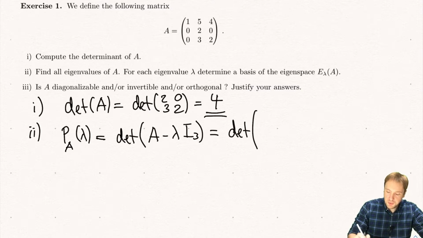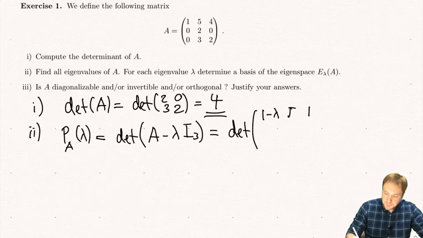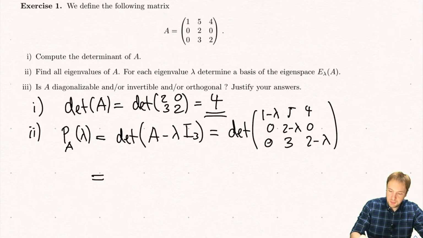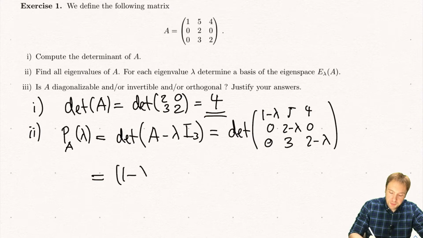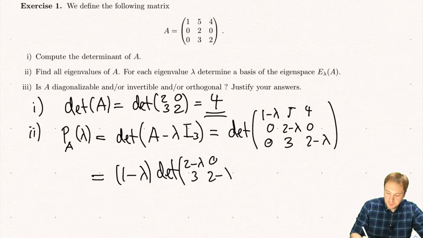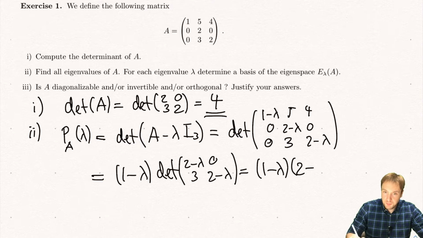So this just means we take the determinant of this matrix A, where on the diagonal we subtract lambda.